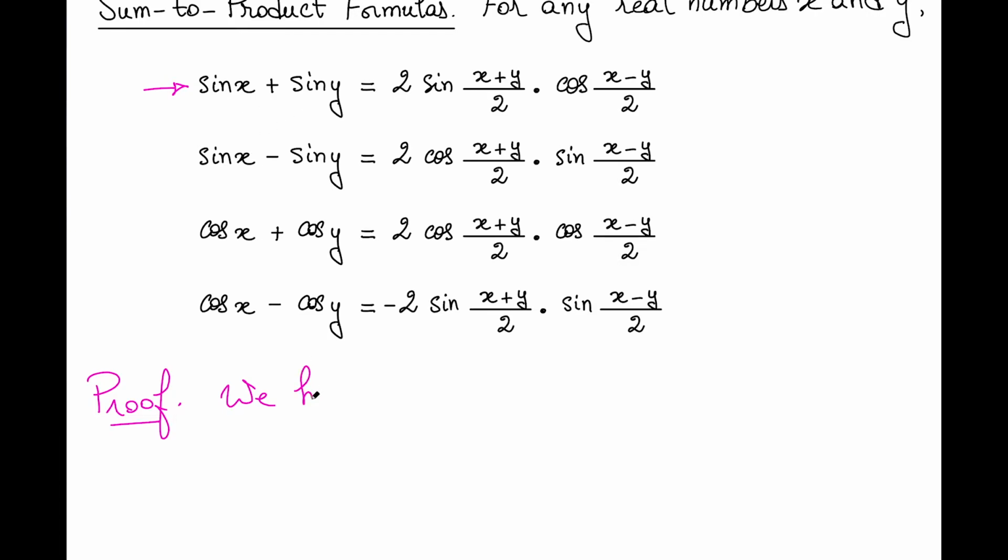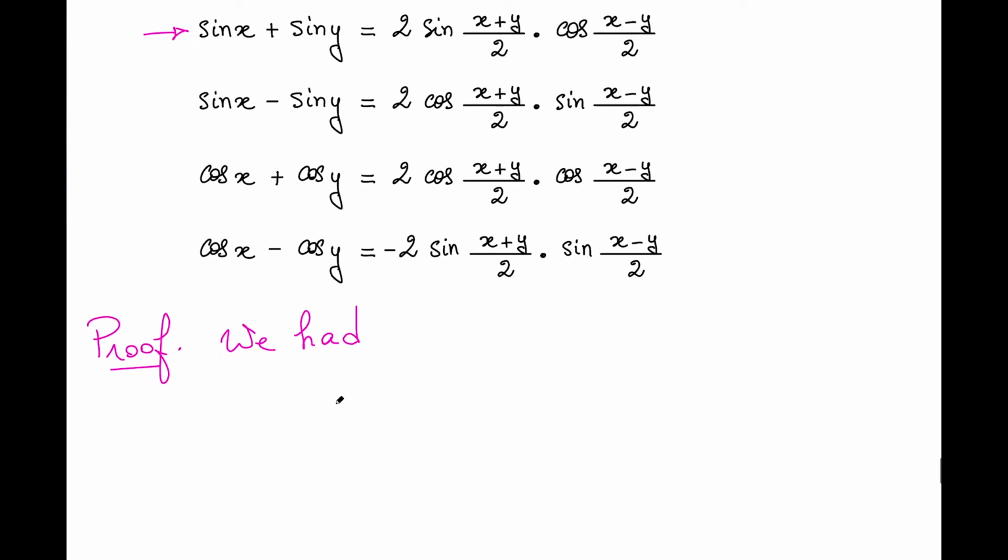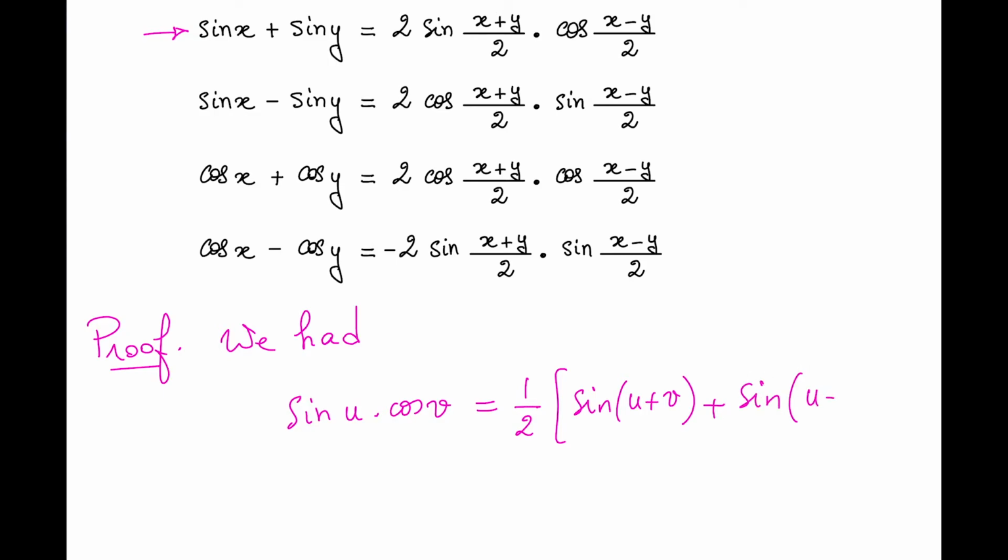We had the formula, which is product-to-sum, like this. Sine of u times cosine of v is equal to half sine of u plus v plus sine of u minus v.